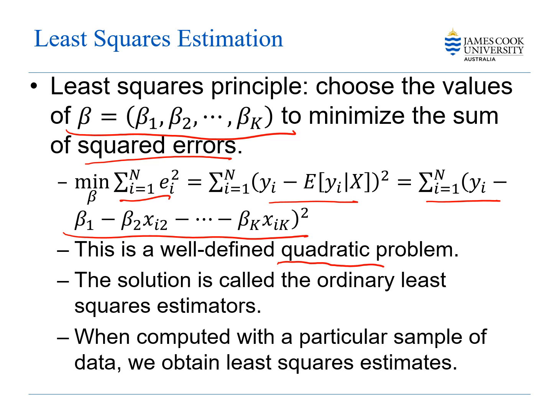Okay, and the solution is called the ordinary least squares estimator, the solution to this problem. And if we compute the solution, let's call it beta hat. Compute beta hat with a particular sample, we obtain the least squares estimates. So now you want to distinguish estimator and estimate. Okay.